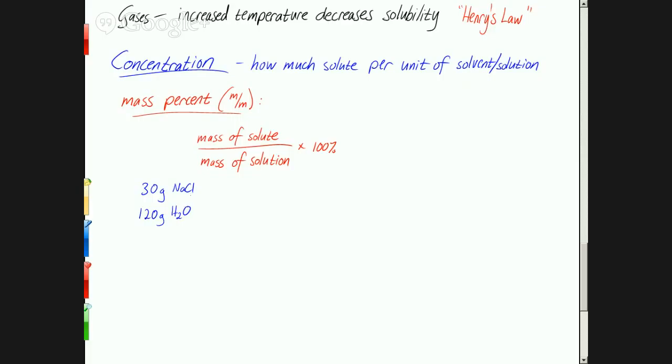The sodium chloride is the solute, water is the solvent. So the percent by mass, or the percent M over M, would be the mass of our solute, which is 30 grams, divided by the mass of the solution, which is the total mass. So we've got 30 and 120 together is 150.